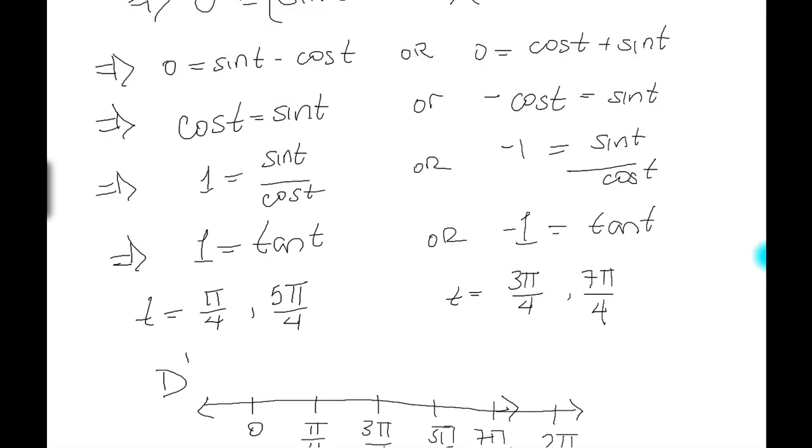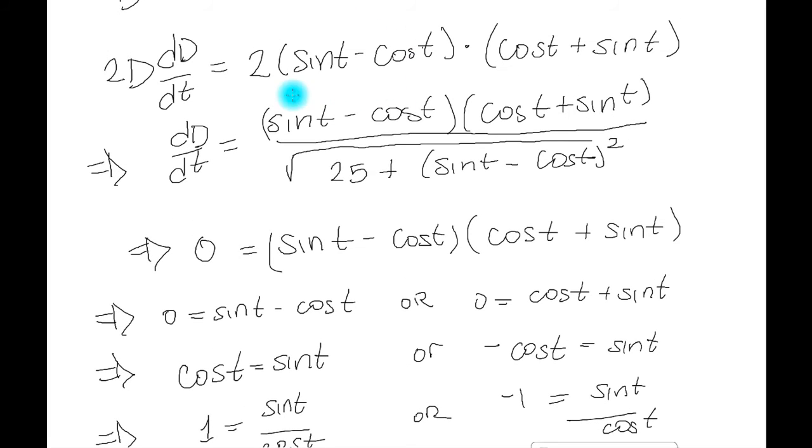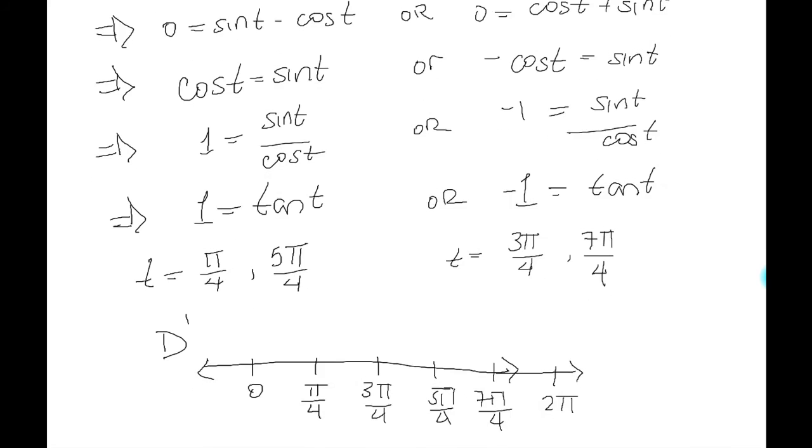In the derivative, right? So this is our derivative. If we plug in 0, we have that in the top: 0 minus 1, which is negative, times 1 plus 0, which is positive. So negative times positive equals negative.